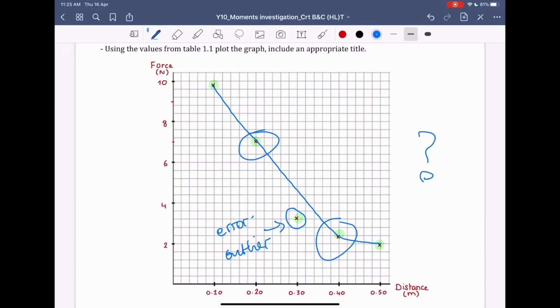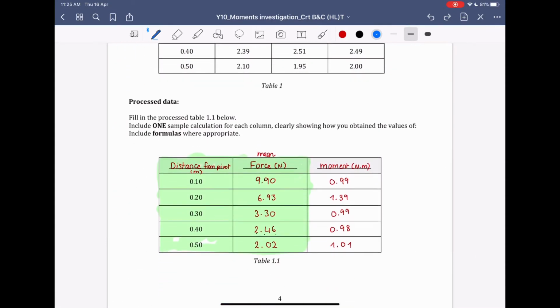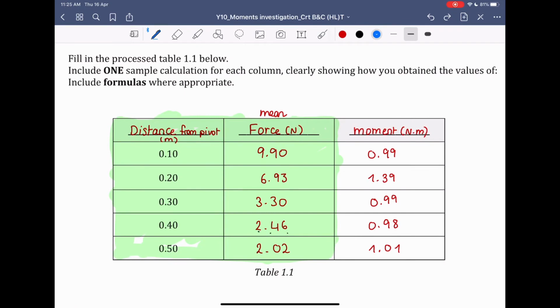In order to do that, we need to see the pattern in the table that I have, the processed data that I have. Okay, so if I compare the numbers of the moment, you can see how this is 0.99 and then 1.39, then again 0.99, 0.98, and 1.01.